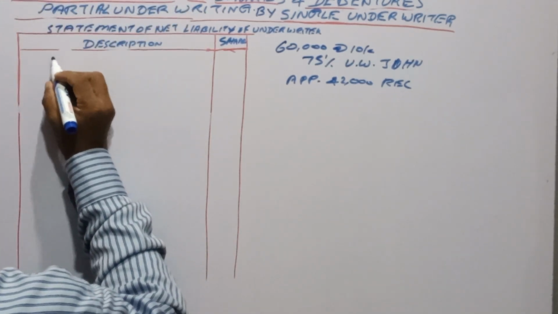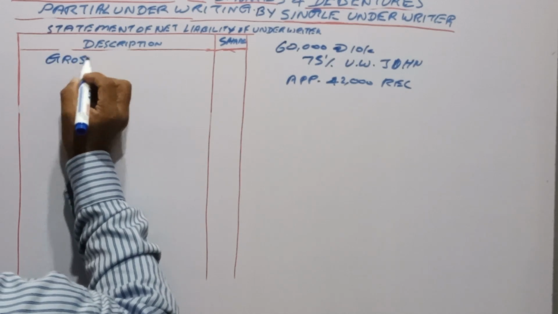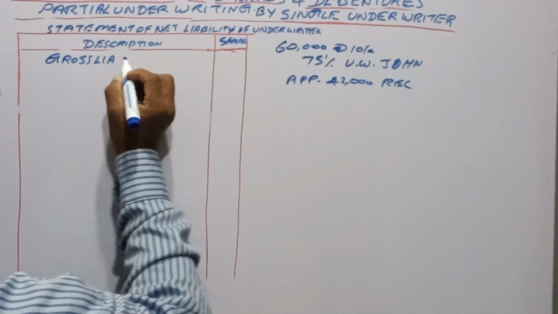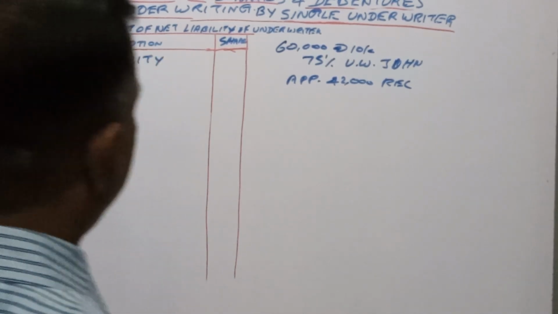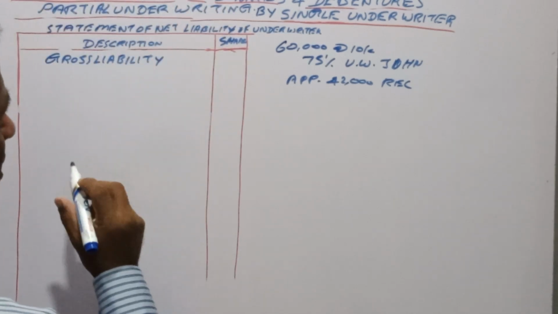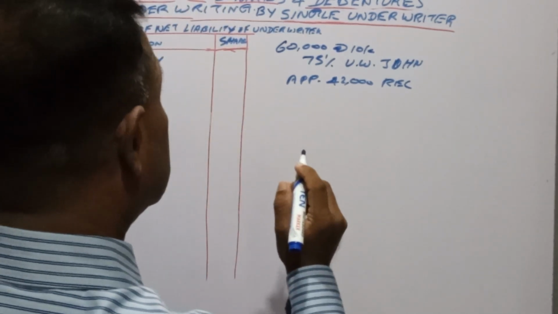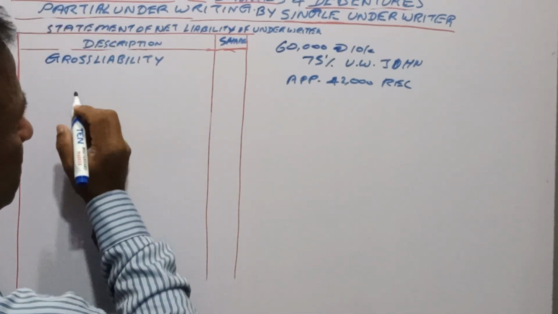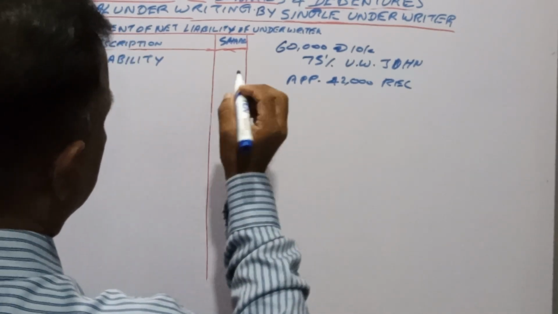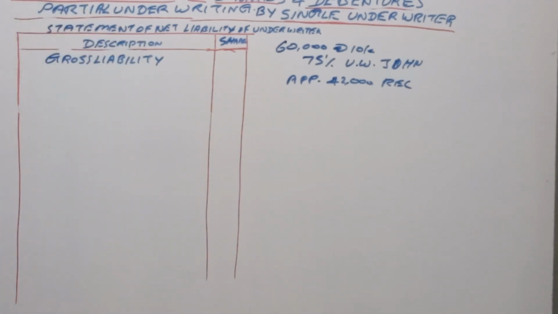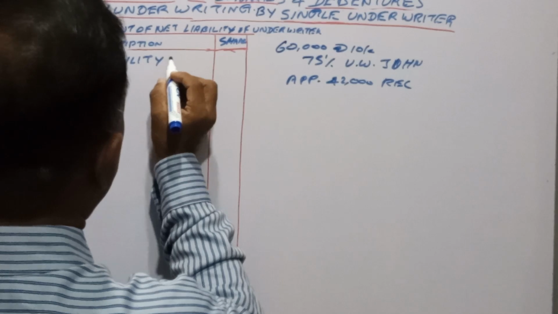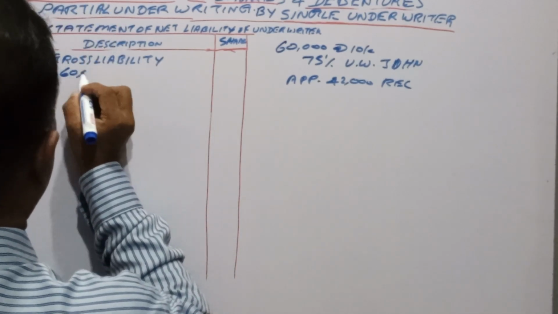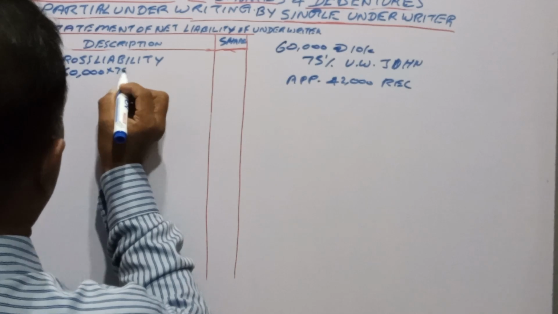The gross liability of the underwriter is 60,000 into 75 percent.